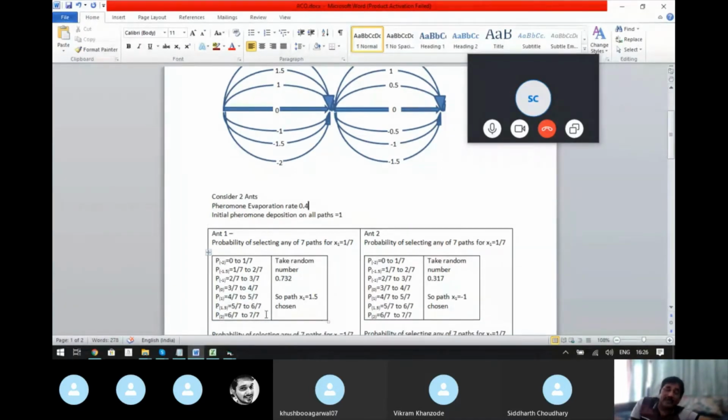Now what we are required to do is fire a random number. The random number fired is 0.732. 0.732 falls between 5 by 7 and 6 by 7.